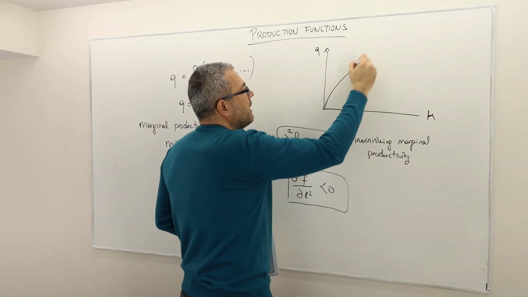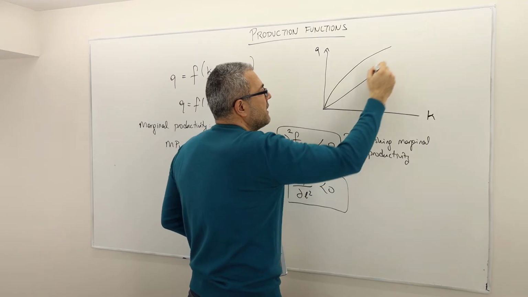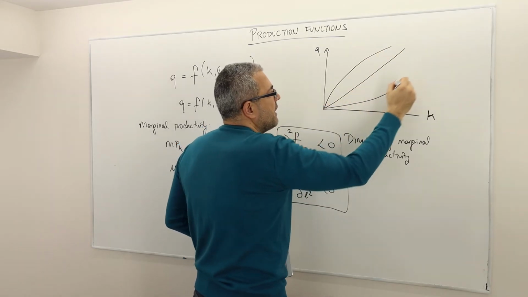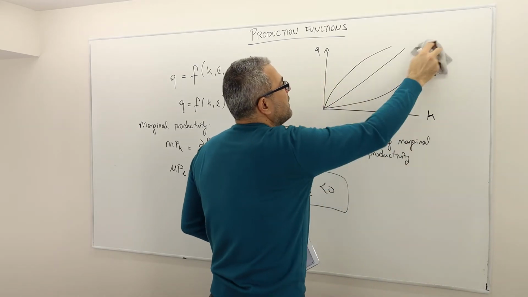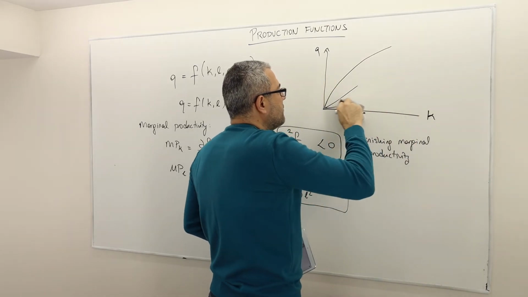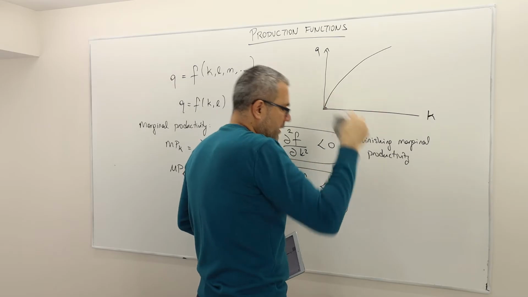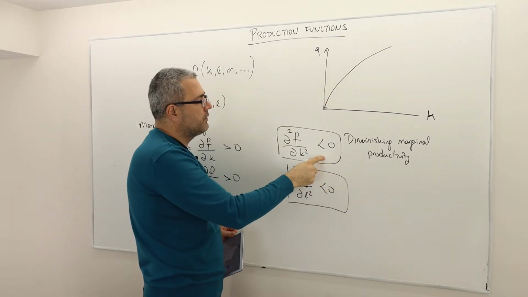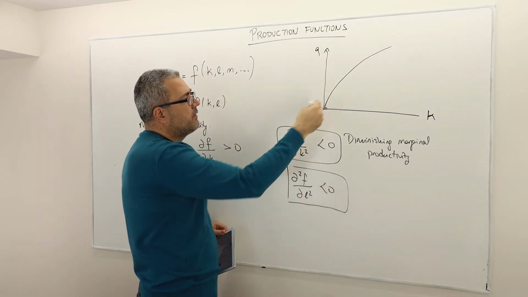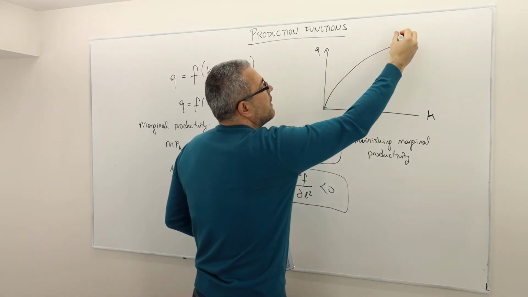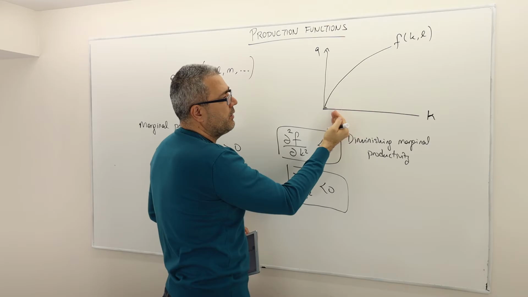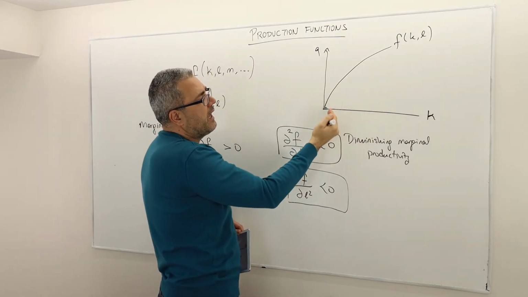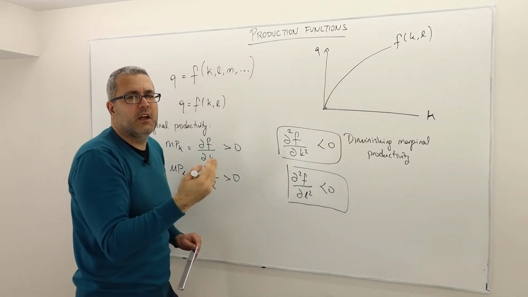Is it increasing in a concave fashion? Is it increasing in a linear fashion? Is it increasing in a convex fashion? Well, what we usually assume is that it's increasing in a concave fashion. So that's where the second derivative plays an important role. It's negative, which means the production function F of capital and labor is increasing as we increase capital, but after some point, the increase is not huge.